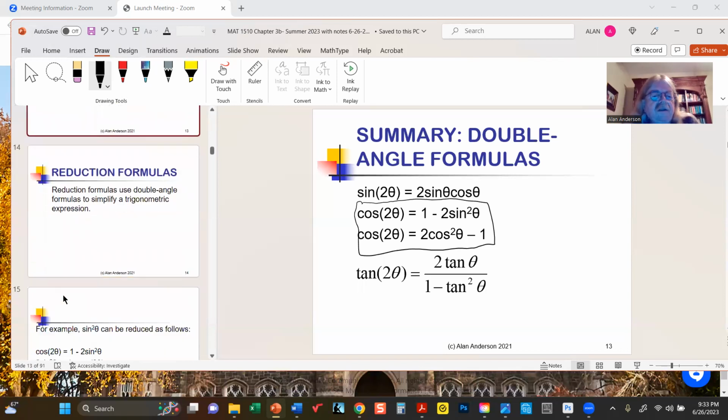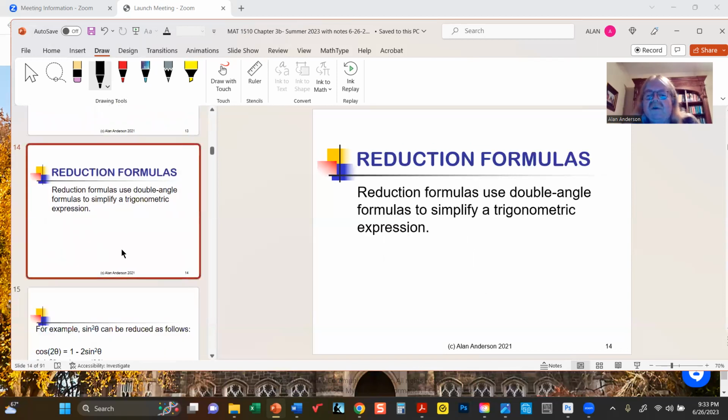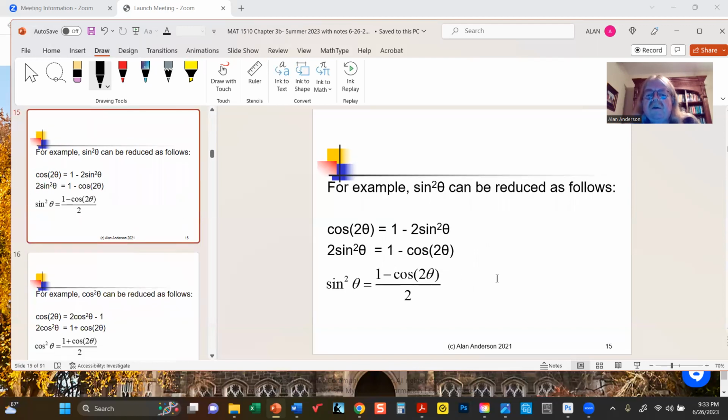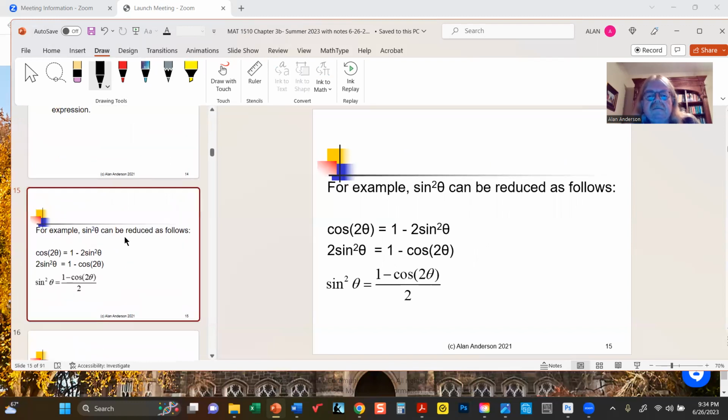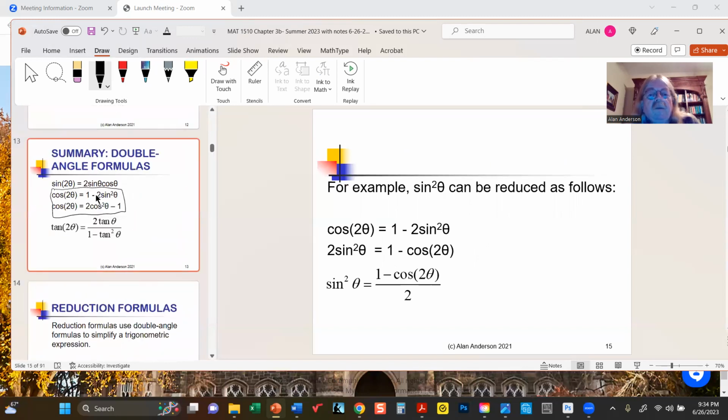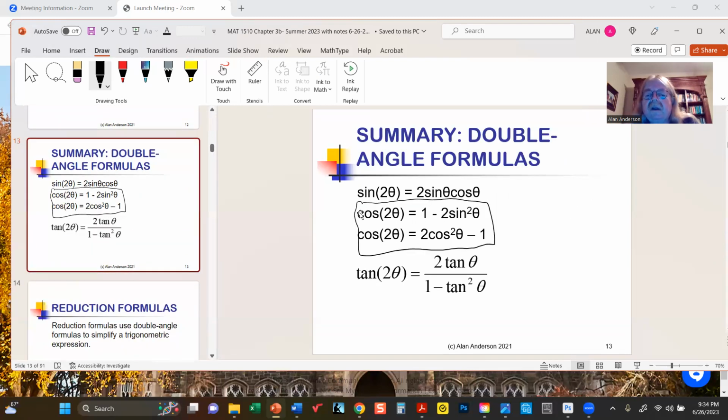Now, we have these other formulas called reduction formulas. The purpose of these is to take our double angle formulas, which we just learned, to simplify trig expressions. So here's an example, the sine squared of theta. What we're basically doing, by the way, is one at a time taking these two equivalent expressions for the cosine of 2 theta.